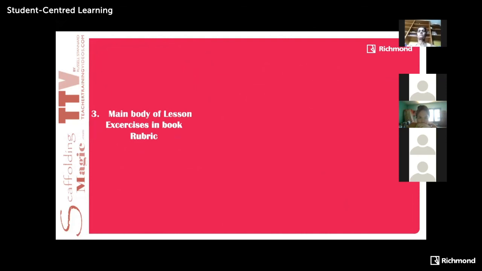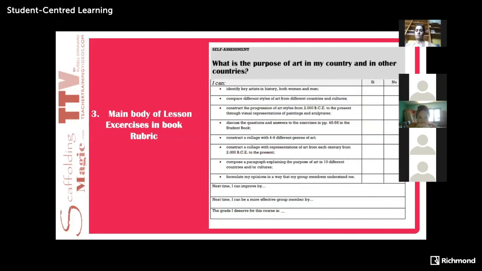So teachers always ask me, how do I assess the project? Assessing and giving the criteria for the project is the same thing. Here is what I would give my students. It's really important to upload the rubric onto the platform so the students know exactly what's expected of them.